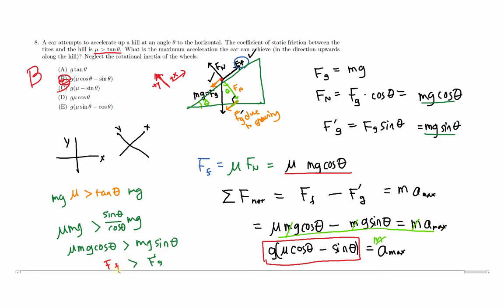So this is saying that the force of friction is larger than the force due to gravity. And it has to be that way, because if it's not, it would violate the given direction, when it says the maximum acceleration the car wants to achieve going upward. Okay? So this is just reassuring that there's no problem with the given question.